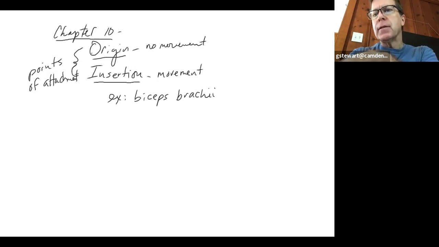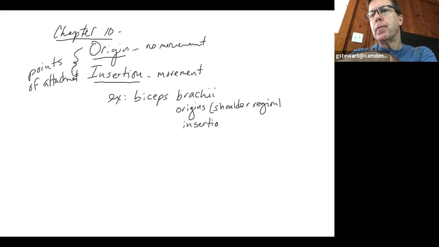The origins are actually on the scapula, but I'm just going to put in the shoulder region. And the insertion is at the radial tuberosity, which is the proximal end of the radius.